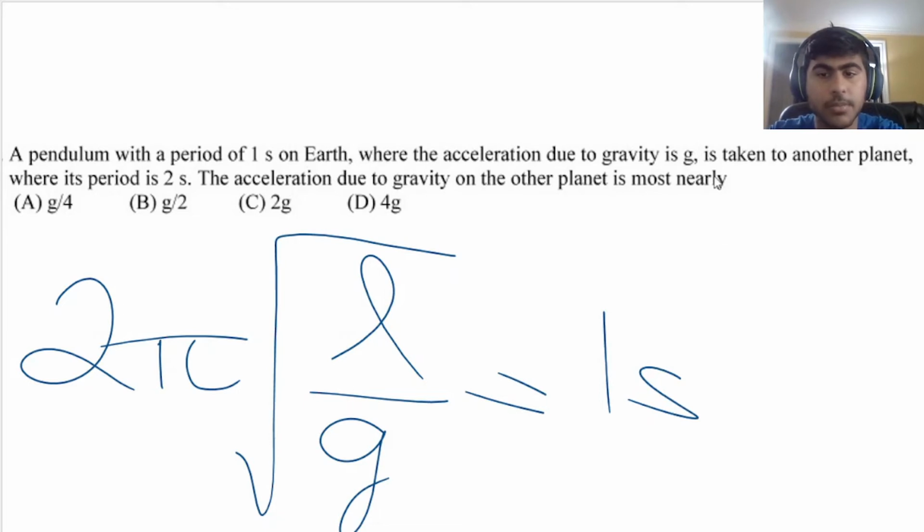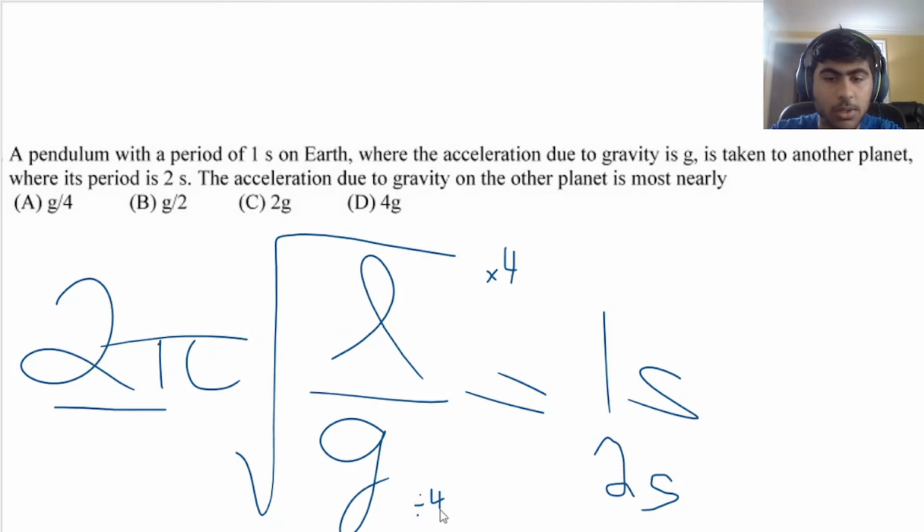Now, if we want this to equal 2 seconds, then since this is staying the same, we're doubling this, so we should quadruple this. And since we're changing the gravitational force, if this has to be quadrupled, then the gravitational force has to be divided by 4. So it would be g over 4. Answer choice A. Let's keep going.